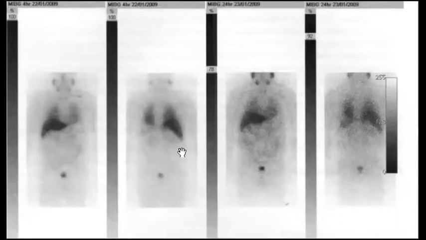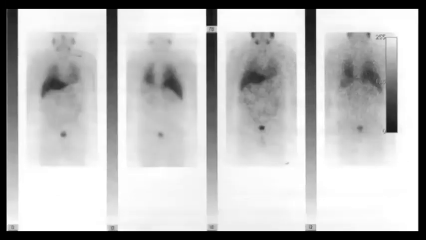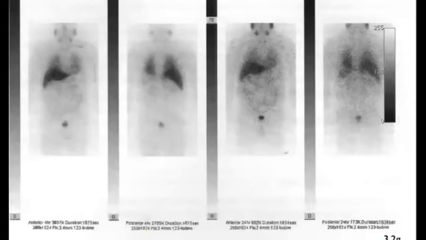Let's see this, which is the MIBG. I haven't shown you yet. Let's go and see. You can see that he did this MIBG scan to differentiate whether it could be pheochromocytoma or carcinoma.